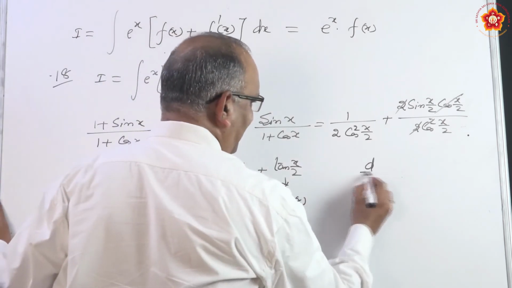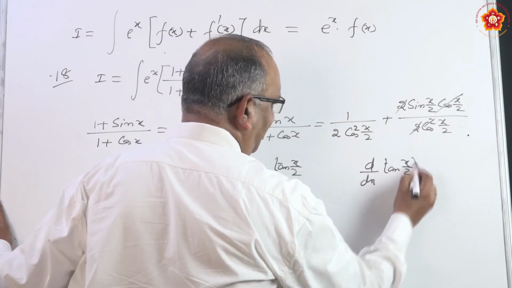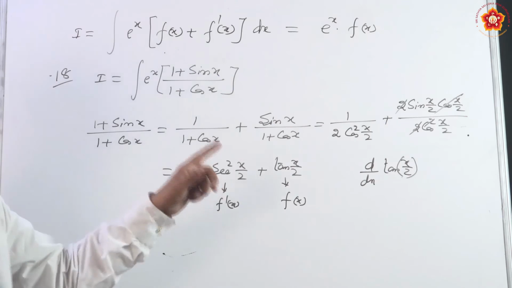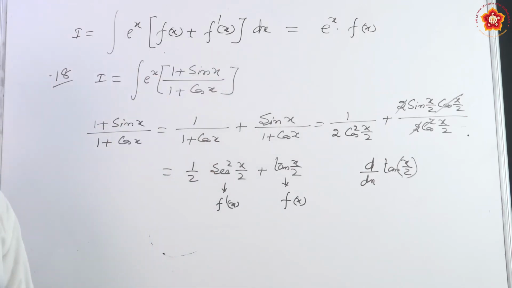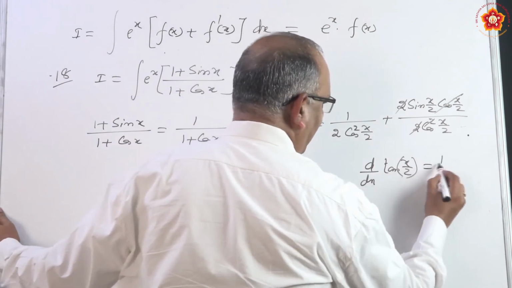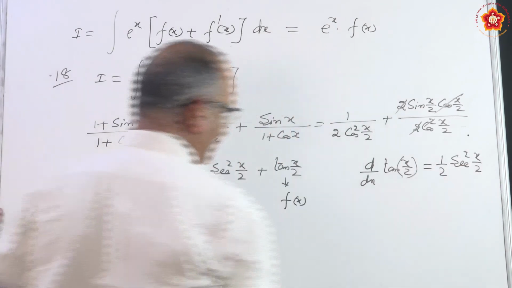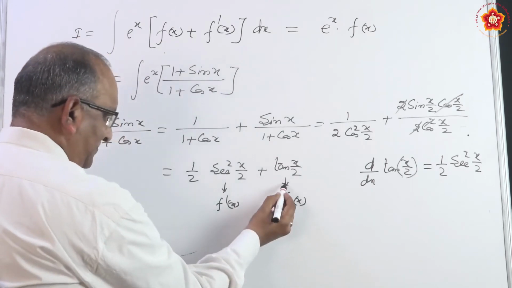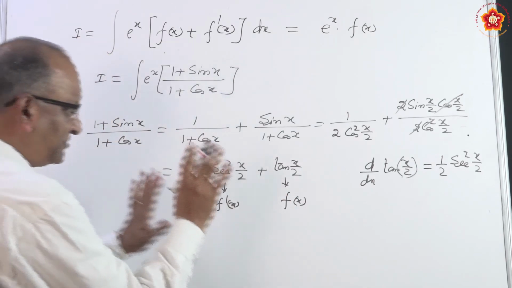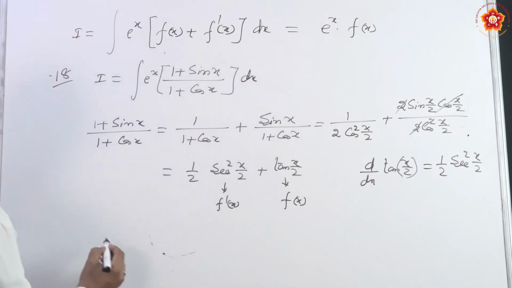For example, d dx of tan x by 2. How do we do it? We take x by 2 as t. So, dx will be equal to dt by 2. So, automatically you will get the answer 1 by 2 sec square x by 2. So, if this is f x, this is f dash x. Now, substitute this in our original problem. So, what is our original problem?